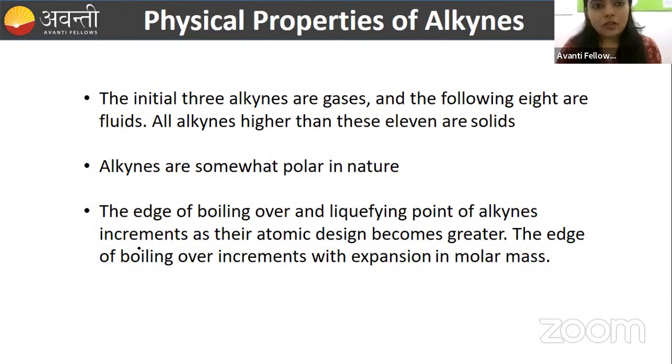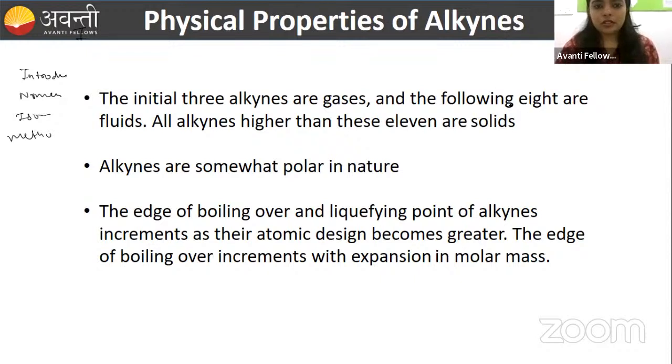Today we have to learn the physical properties of alkyne. We have discussed the introduction, then nomenclature, then isomerism, then method of preparation. Now it's time to start physical properties of alkyne.